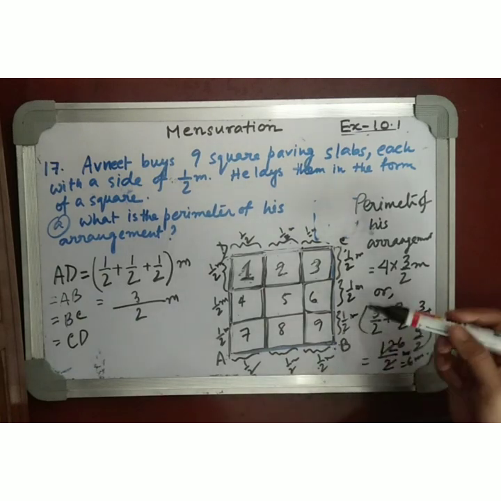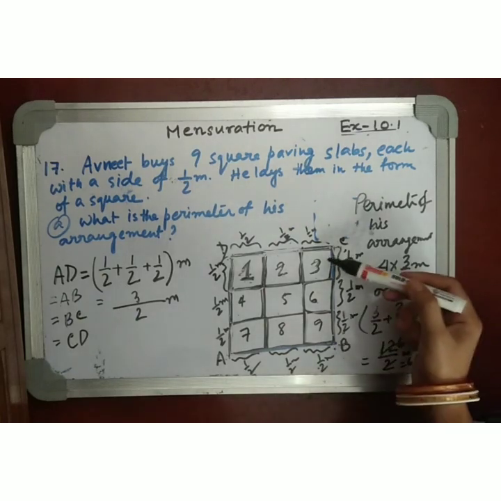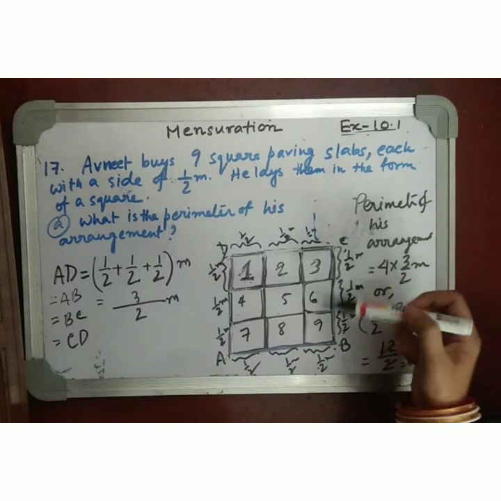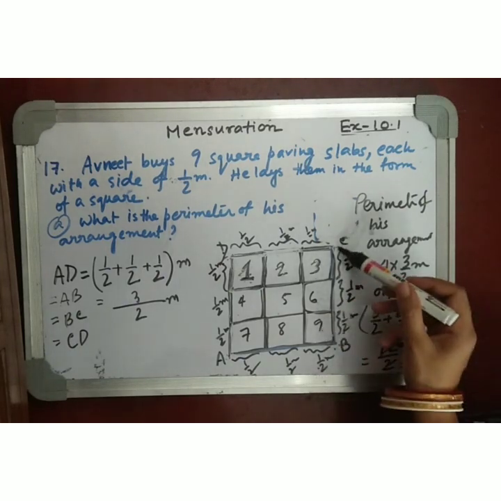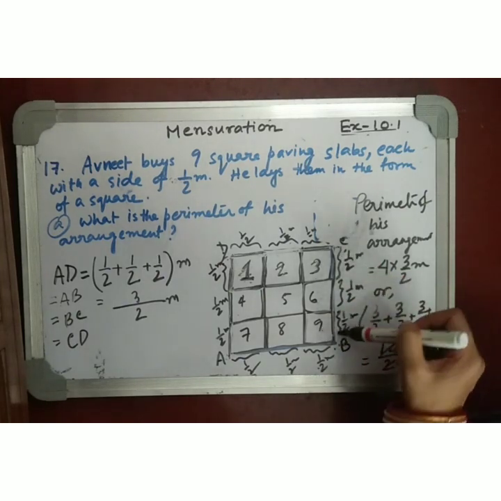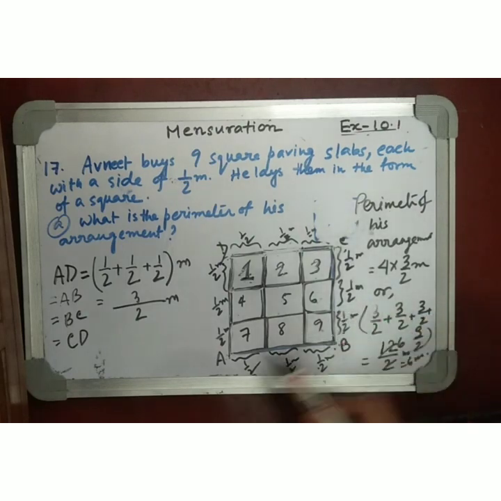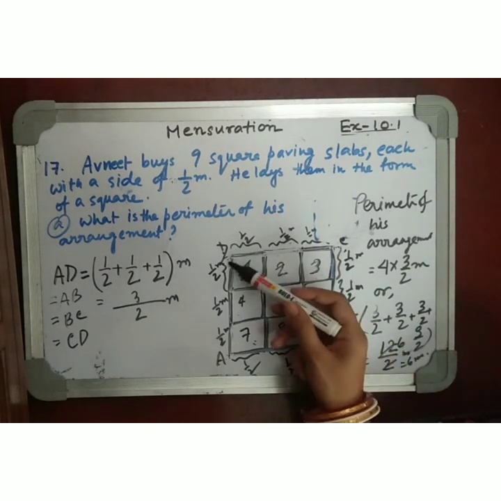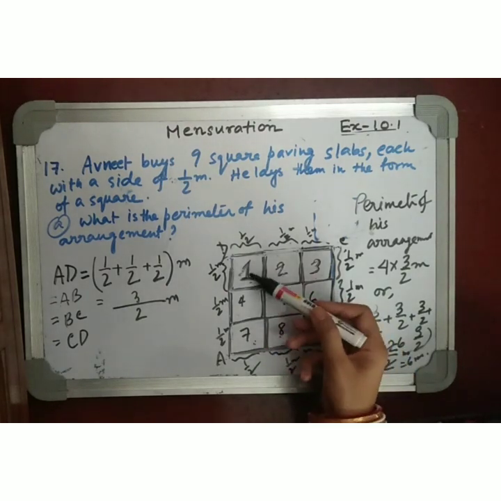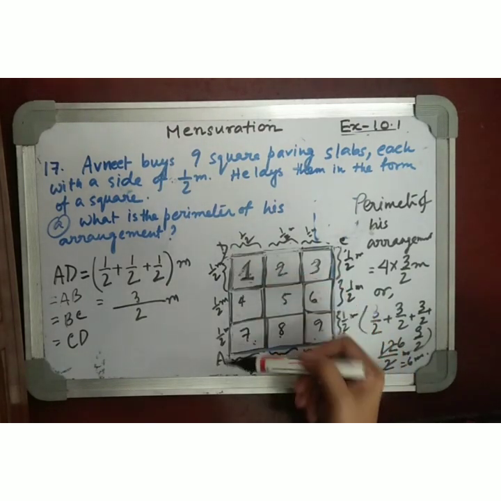By adding the length of the sides of squares 3, 6 and 9, we are getting the side BC. By adding the side of these squares 7, 8 and 9, we are getting the side AB. And similarly, by adding the sides of the squares 1, 4 and 7, we are getting the side AD.